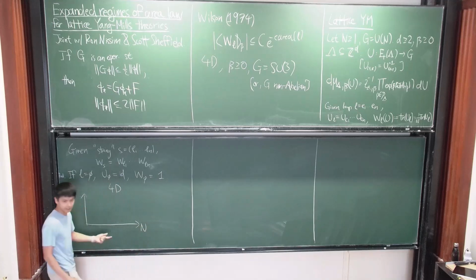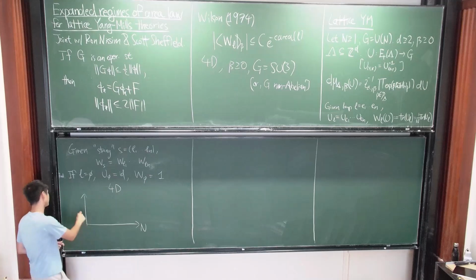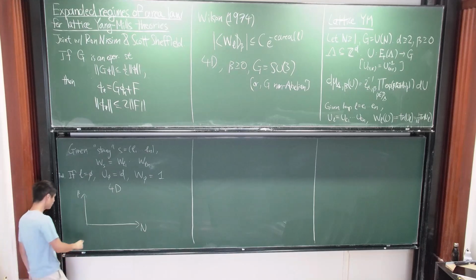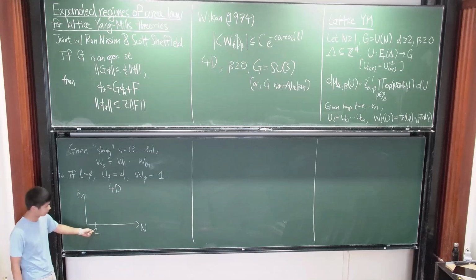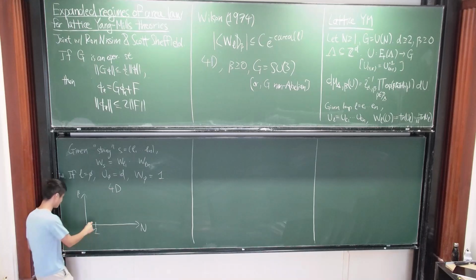The x-axis is your value n, which governs the size of your matrix group. And the y-axis is your inverse temperature parameter beta. And so really the graph just starts at n equals 1, right? Because there's not really a unitary group of size 1/2 or 0. So we really start at n equals 1.